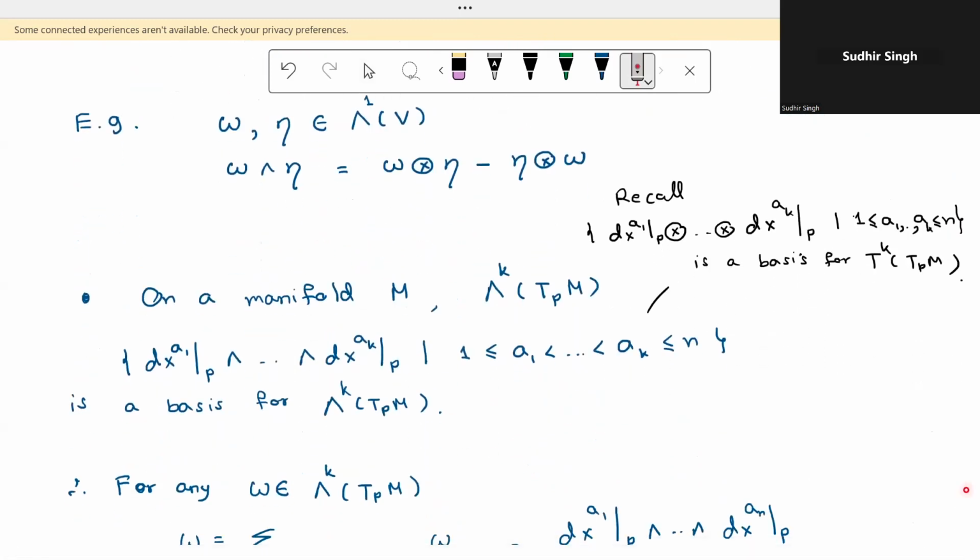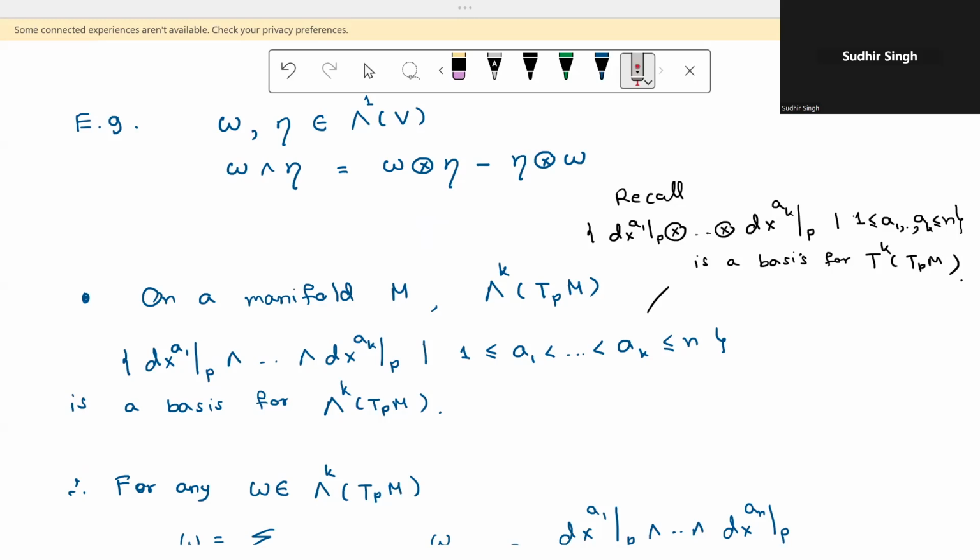Now, another useful thing about the wedge product is that before, we had that the tensor product of K covectors, and now I'm going on a manifold, is a basis of the space of K tensors on this tangent space.